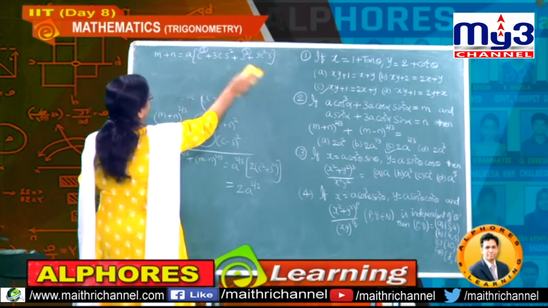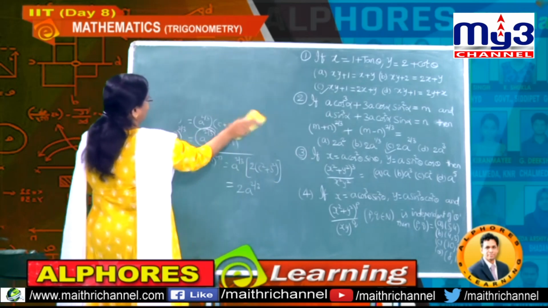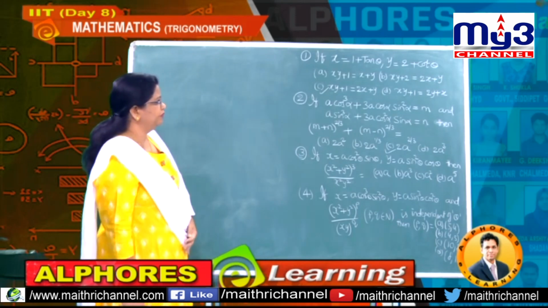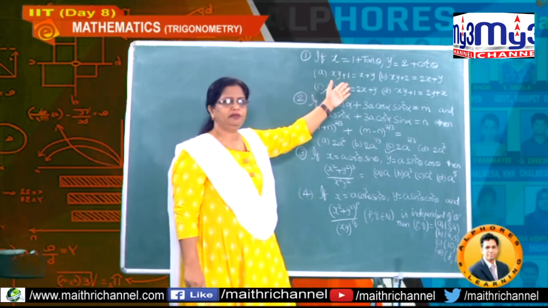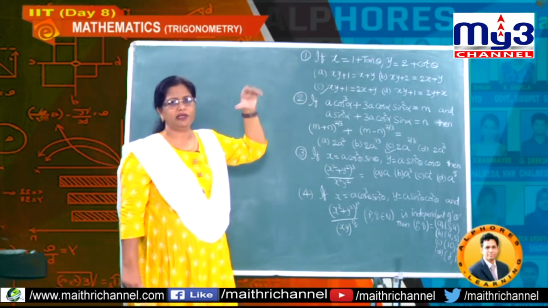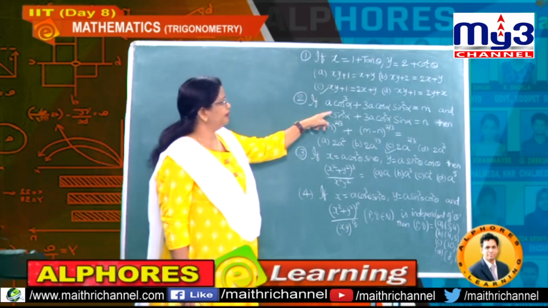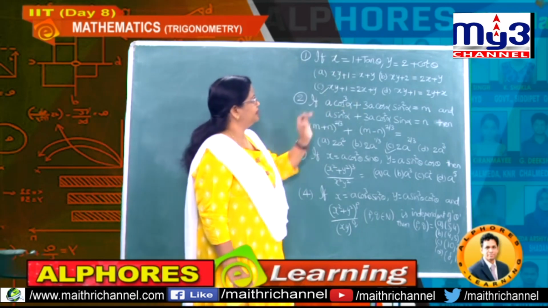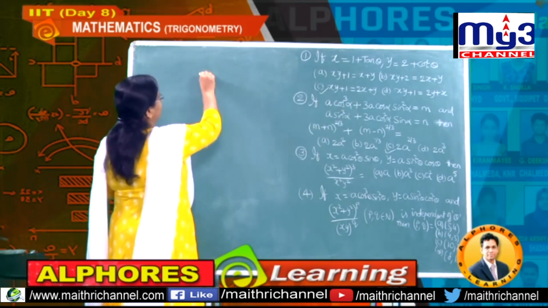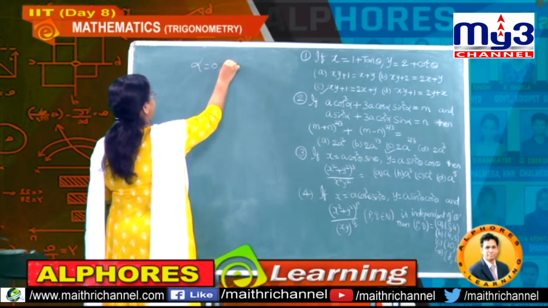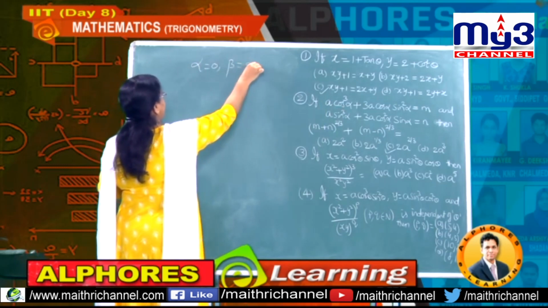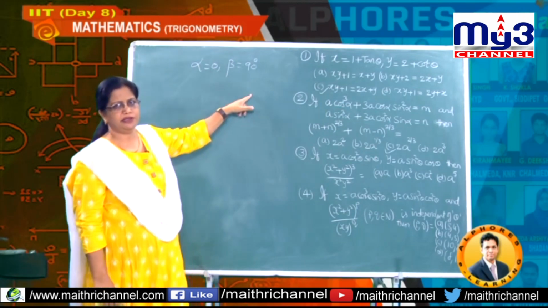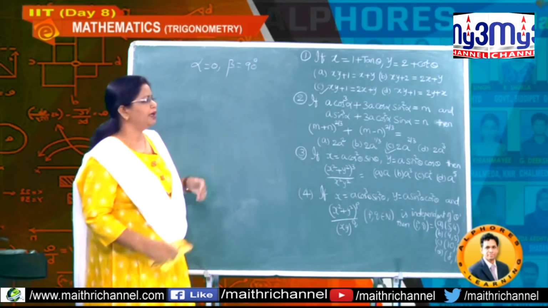Let us do the same problem with the substitution method. Here I have taken the comfortable value for tan cot as 45 degrees. Here I want to take 0, 90 degrees. Suppose alpha equals 0 and beta equals 90 degrees or pi by 2, or you can take alpha as 90 and beta as 0, anyway nothing will happen.